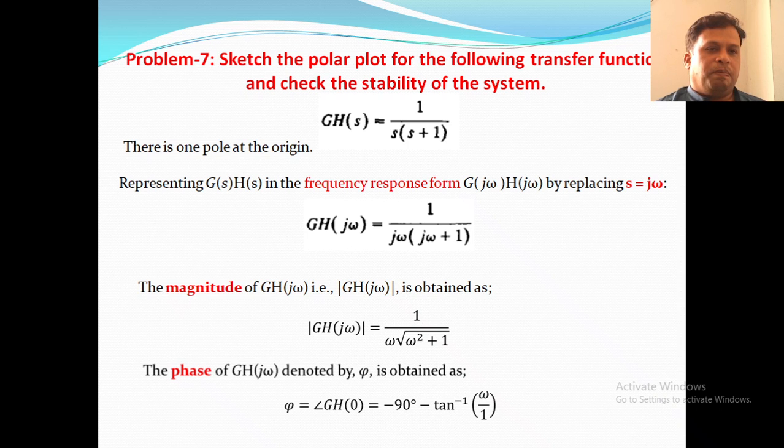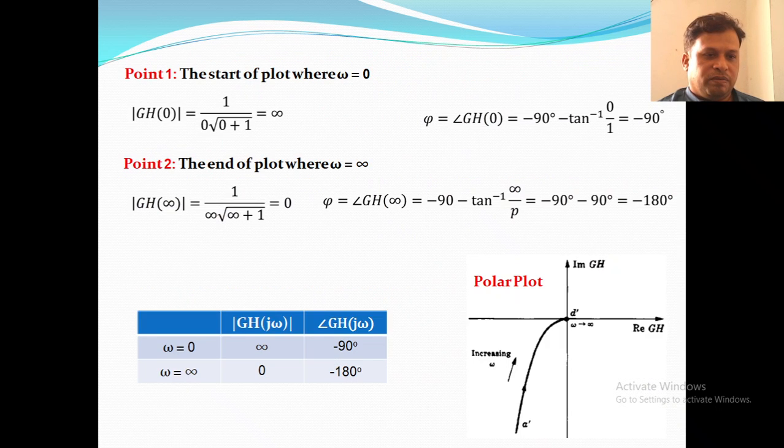If you are plotting the polar plot for this transfer function, we will have the modulus of G of H of j omega as 1 by omega into square root of omega squared plus 1, and the angle is minus 90 minus tan inverse omega by 1. So here in the polar plot, for omega equal to 0 it is infinity, and at omega equal to infinity it is 0.